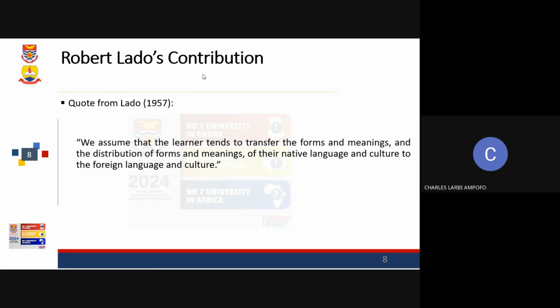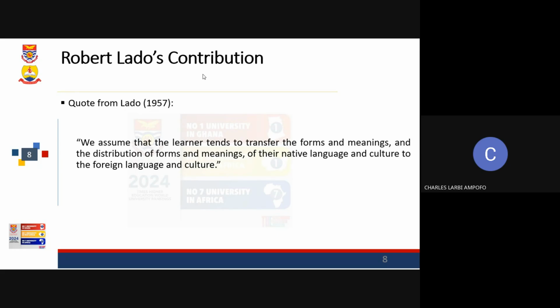So he says that those of the contrastive analysis family think that a learner will transfer the forms and meanings of his or her language, that's their L1, and the distribution of forms and meanings and culture to a foreign language.